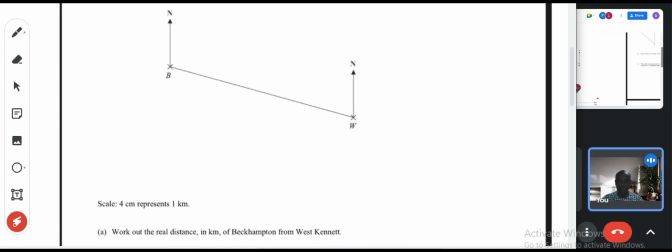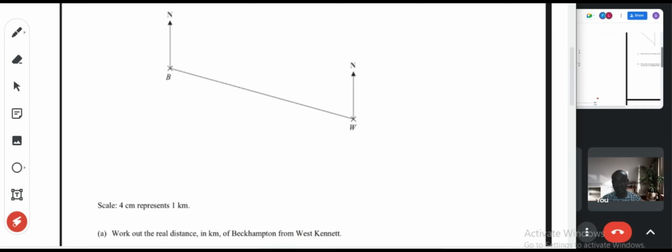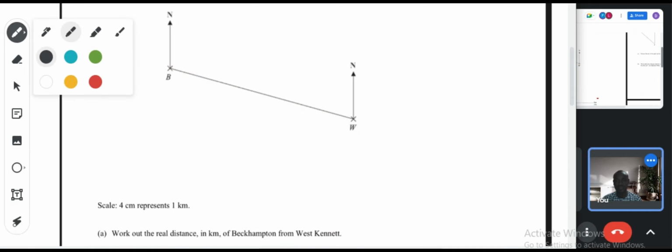Where is this place? Not in the UK or London or where? I don't know. Is it a familiar city? No. Okay. All right. So West Kenneth.